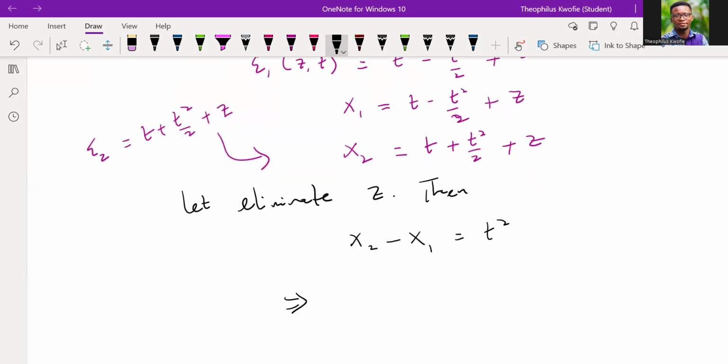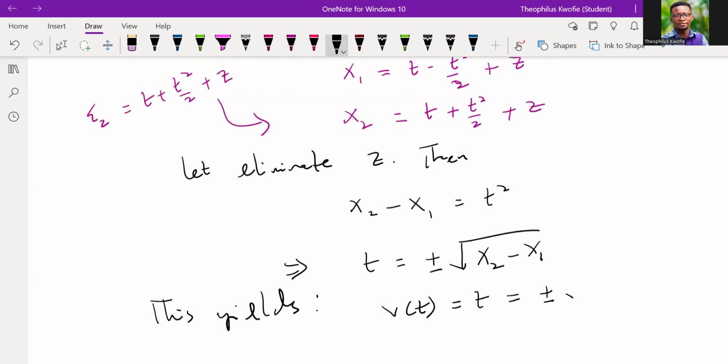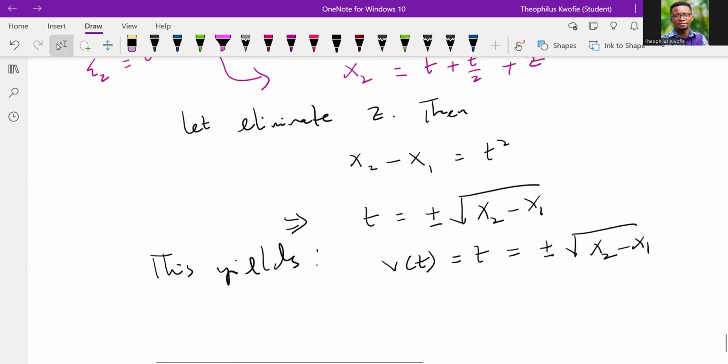So this implies that my t will be equal to what? Plus or minus the root of what? x2 minus x1, right? But remember, so this yields v(t) to be equal to t, which is equal to plus or minus the root of x2 minus x1.